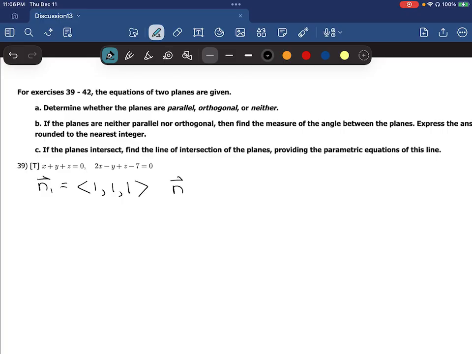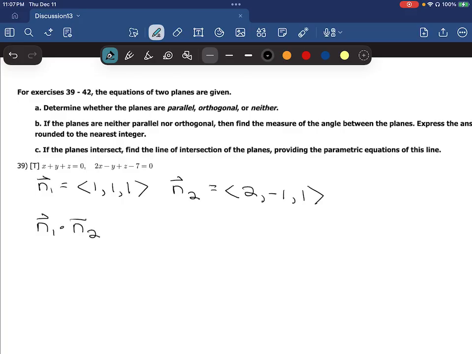So the first one is 1, 1, 1, and the second one, 2, negative 1, 1. Okay, and we can tell that these are not parallel because there is no scalar multiple that would make n1 equal to n2. So they're not parallel. And then we can check if they're orthogonal. And we do that with the dot product.